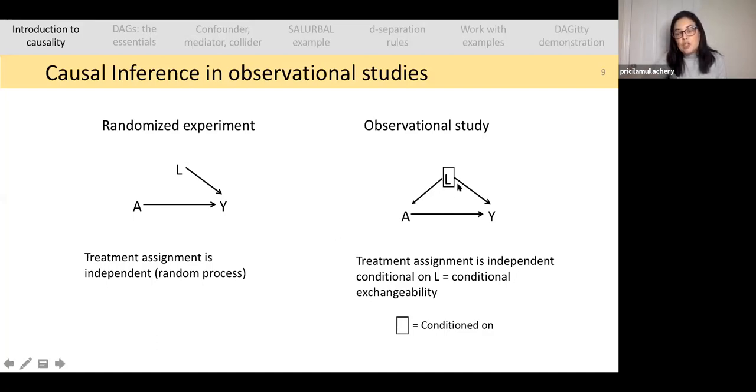If we condition on them, we can again isolate the effect or identify the effect of A on Y and measure this effect, right? So again, in observational studies, we don't have the benefit of having a randomized treatment assignment, but if we know the variables that affect the treatment, we can condition on those variables and reach conditional exchangeability, okay?